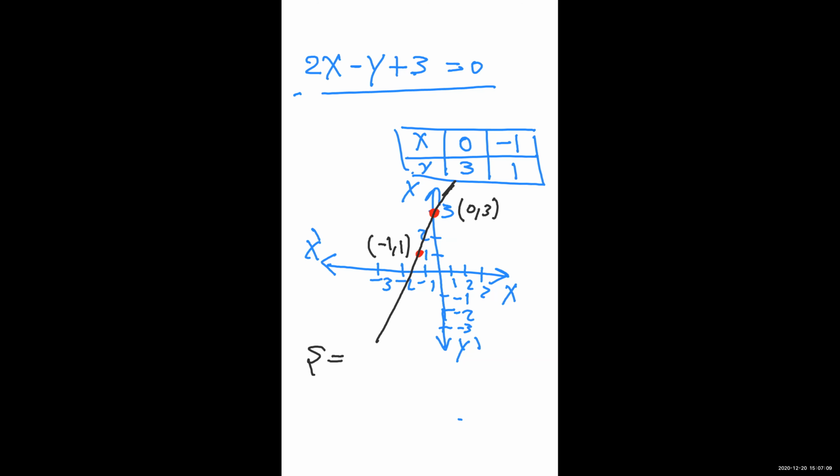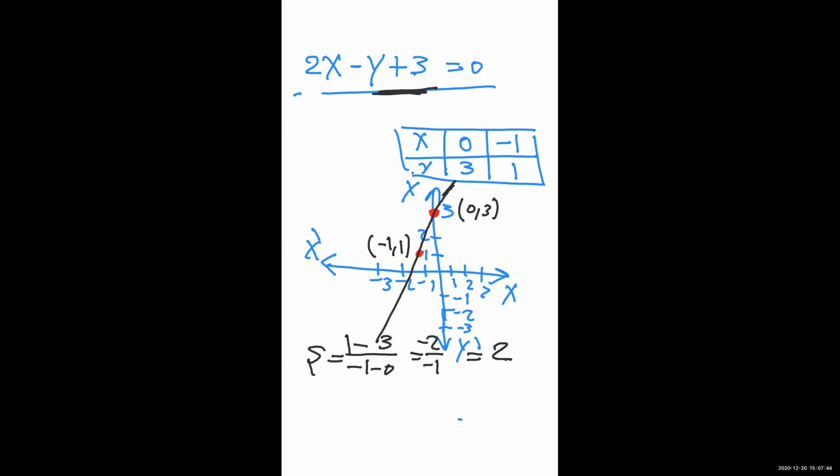Slope here will equal y2 minus y1, which is 1 minus 3 over -1 minus 0. So the slope here will equal -2 over -1. So the slope will equal 2. Okay, are we clear till now? Yes. Okay, great. So now I got the slope from the equation of the straight line.